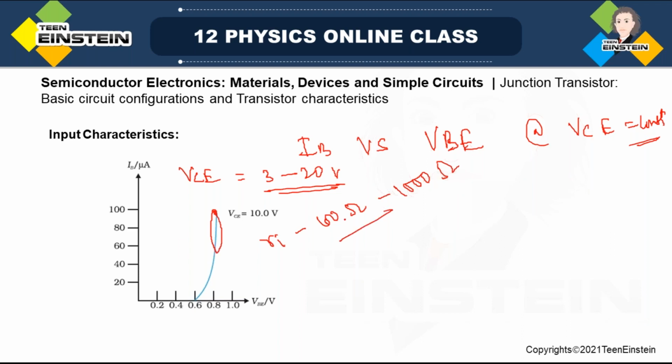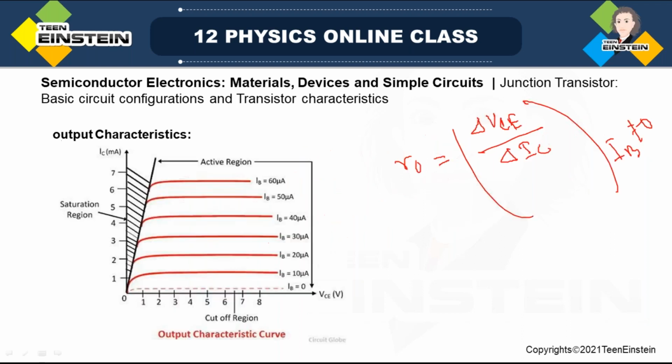That means some 100 ohms to kilo ohm range. But in case of output resistance, you get some tens of ohms to some hundreds of ohms here. Output resistance is comparatively less than the input resistance.